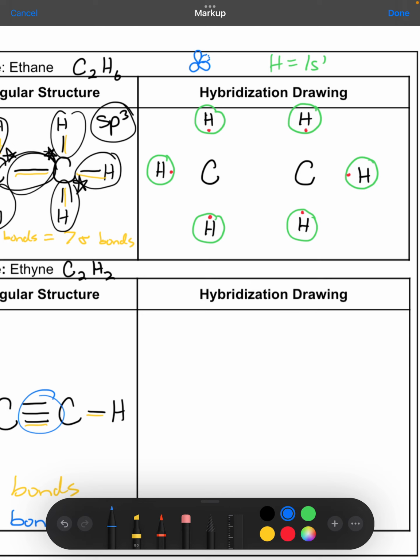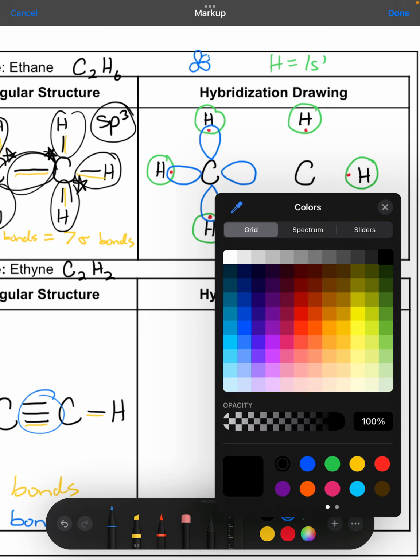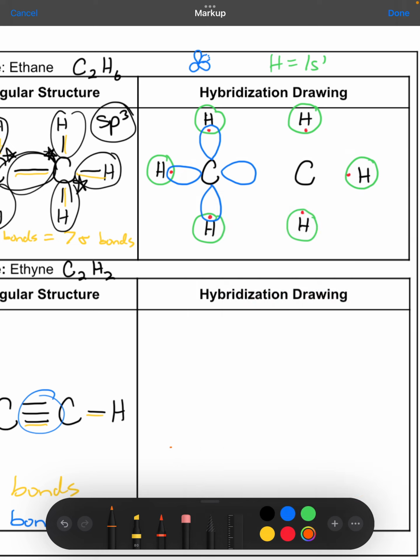I'm going to draw that in for you. Here's one of them. Here's one. Here's one. And there's one. And I'm going to use a different color to represent carbon's electrons so that we can see the difference. All right, it has 4 unpaired electrons in that hybridized state, so I represented them for you.